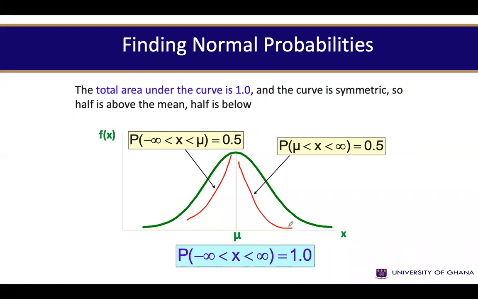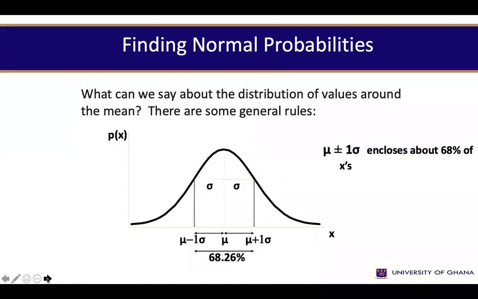From negative infinity up to the mean is 0.5, and from the mean up to positive infinity is also 0.5. So if you evaluate from negative infinity to positive infinity, you obtain a probability of 1. I hope that is okay. All right.